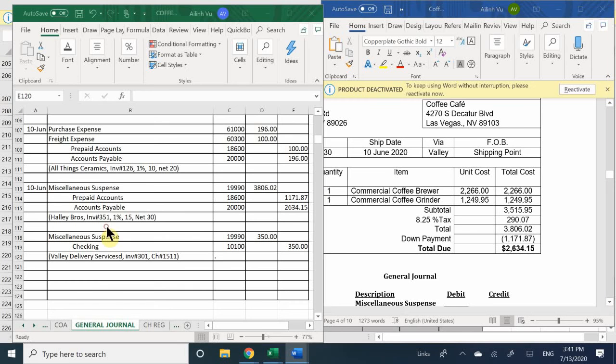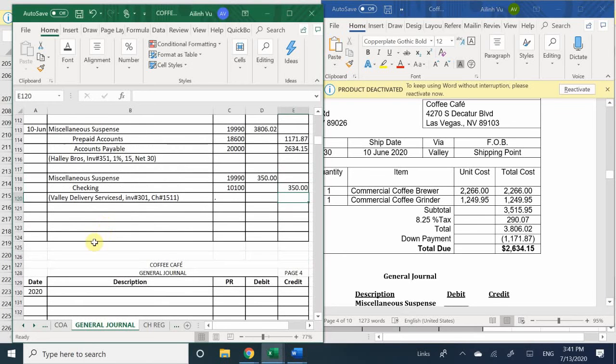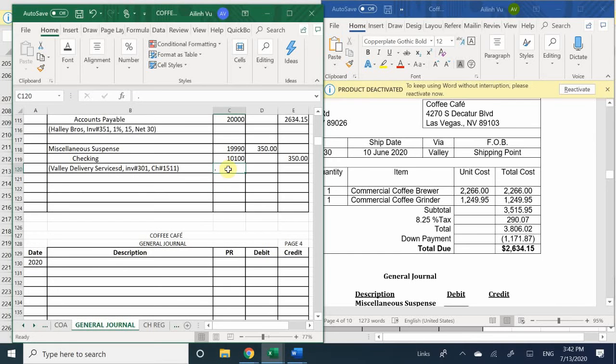So if I look here, that is probably not enough room for my journal entry at all. Not enough room on our page anyway.